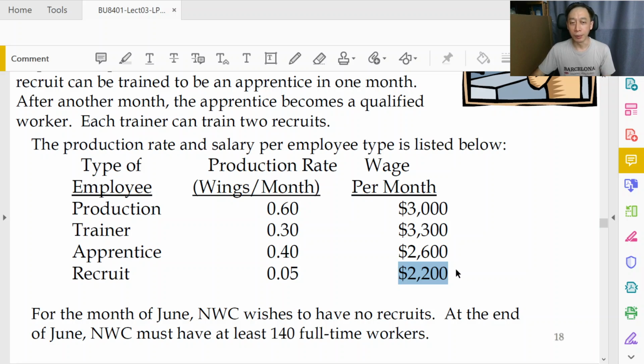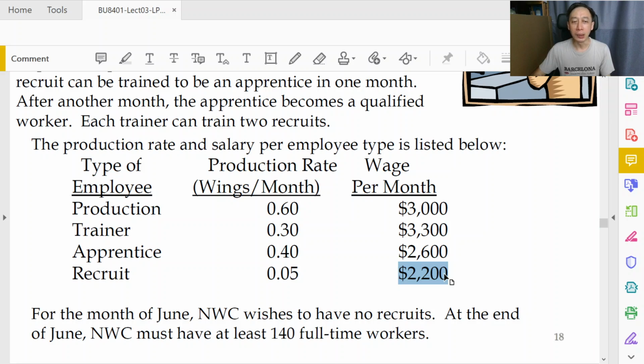It is possible that we may also try to maximize progress of the wings, or maximize the number of trainers for a certain month, or maximize certain number of production workers for a certain month. Although the real goal or reasons to have those objective functions might not be so clear. So for operations, typically it is to minimize overall costs. Okay, so let's see how we can do that.